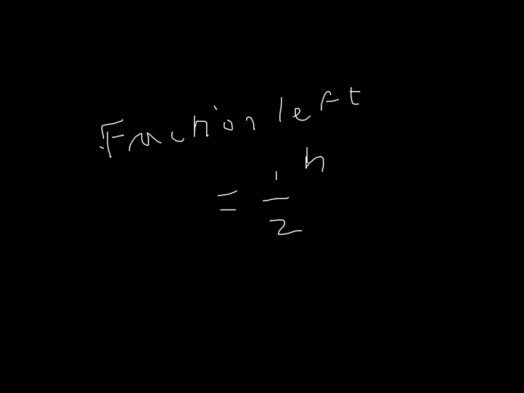So, the fraction left, if you just want to solve it really fast, is 1/2 to the power of h, where h is the number of half-lives. I've also seen people use this equation to find out how much is left, but instead of plugging in the number of half-lives, they plug in the amount of time divided by the half-life.